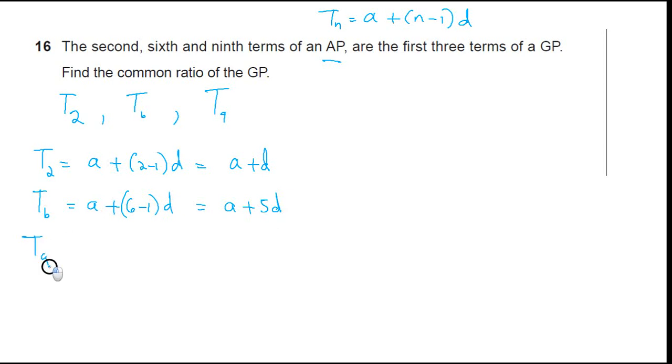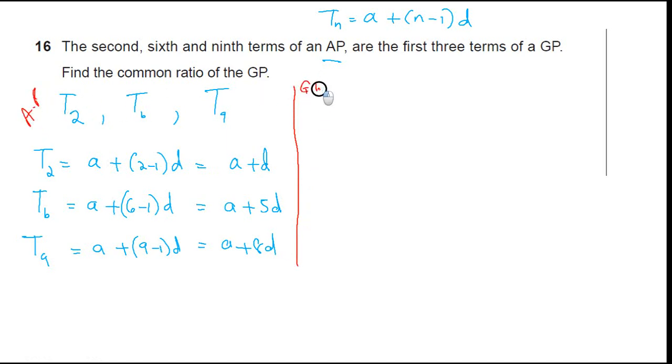Then the 9th term is A plus 9 minus 1 times D. So the 9th term is A plus 8D. So these are the second, the 6th, and the 9th term of an AP. These terms are now the first 3 terms of a GP. So this was the AP.